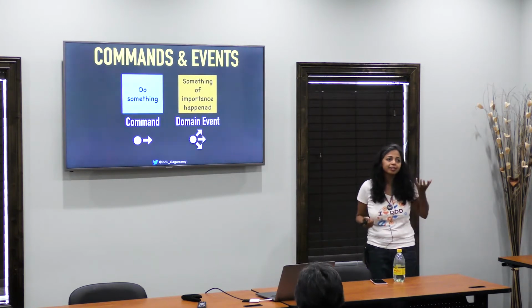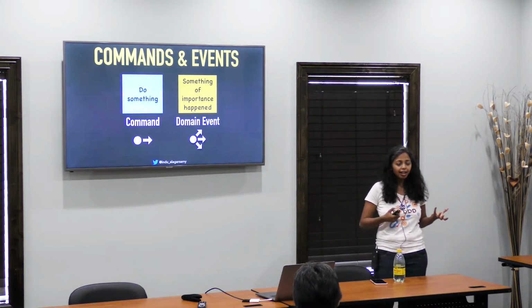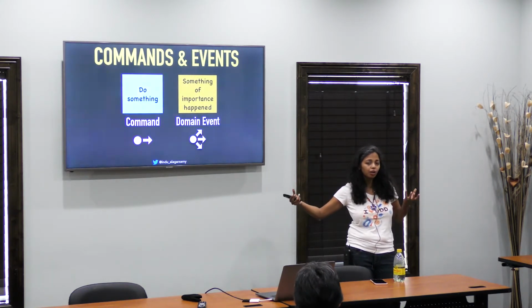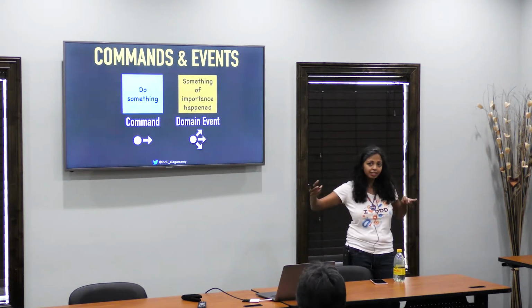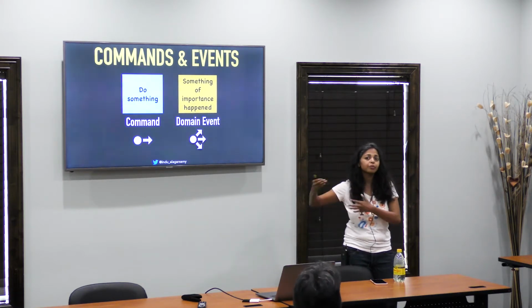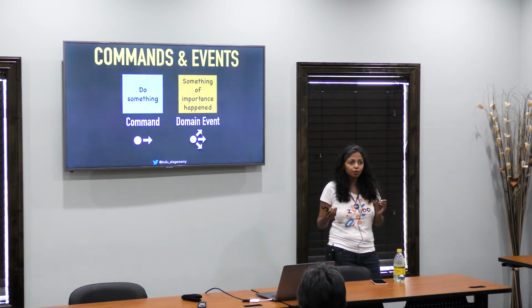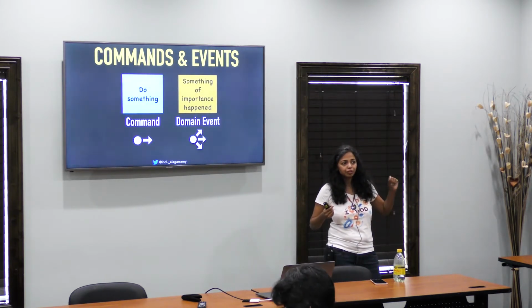When you announce it, the other contexts can take that information and kick off whatever processes they need to when that event arrives. So that's why it's a statement of truth.